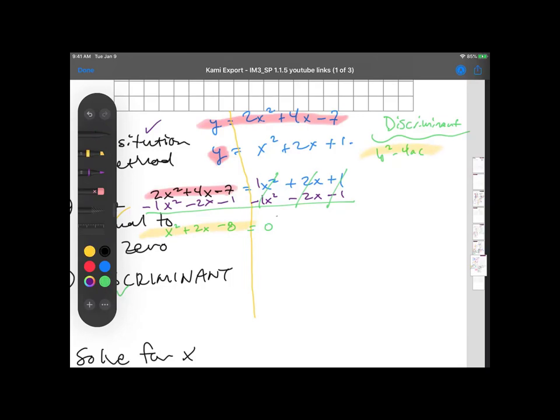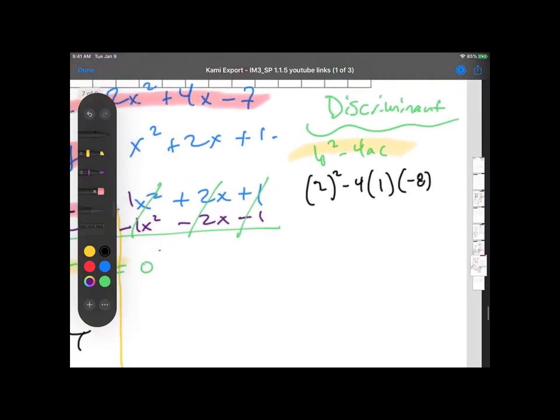Okay? So my B value is 2. My A value is 1, and my C value is negative 8. So if I simplify this, we're going to compare this to 0.